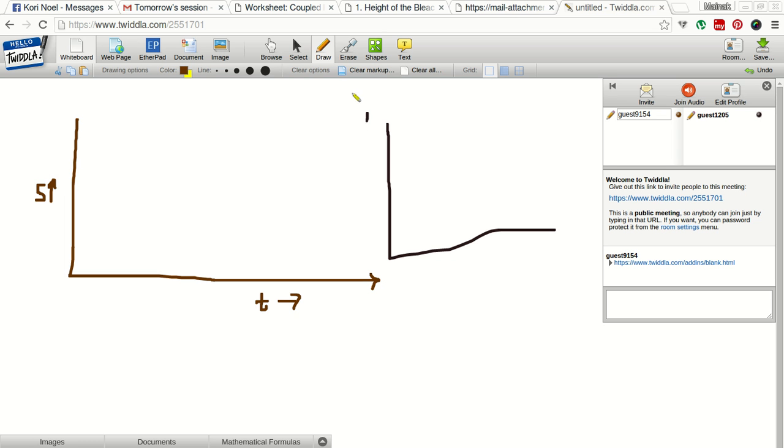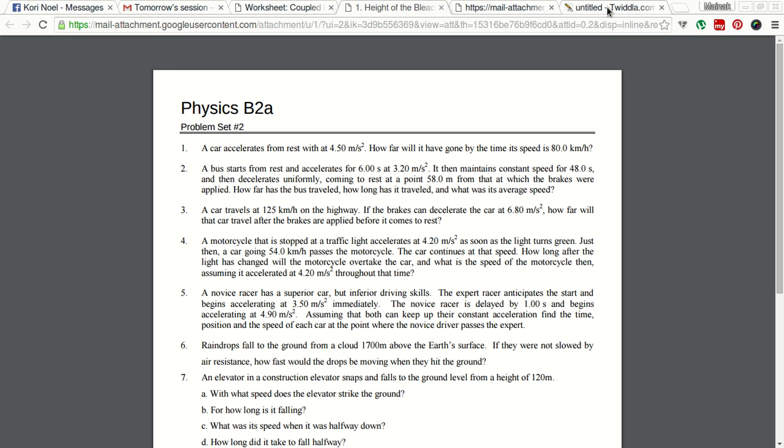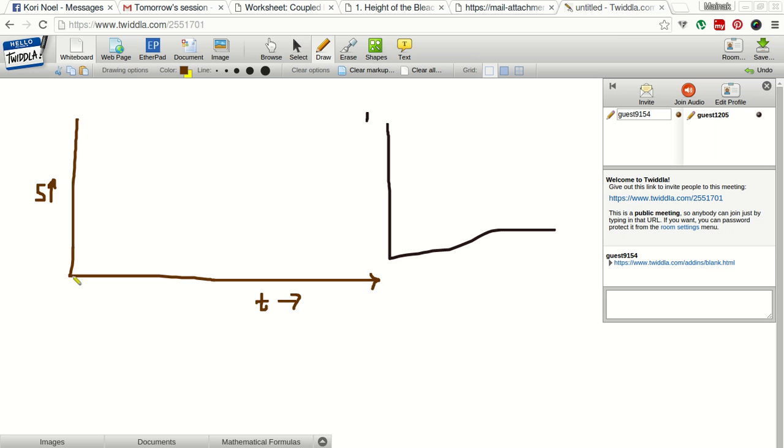So initially it starts from 0, then it maintains... this is something like this. Velocity and time would have been much better.